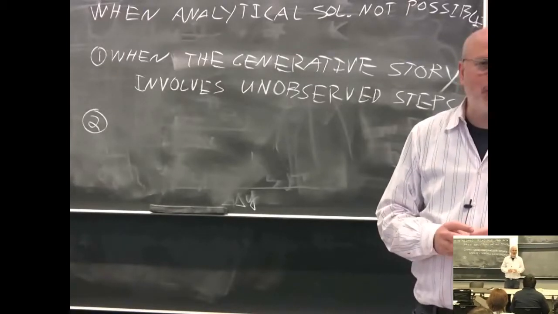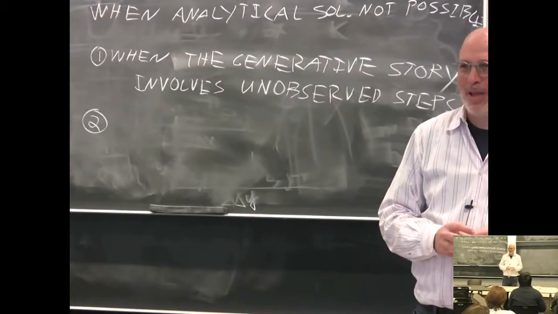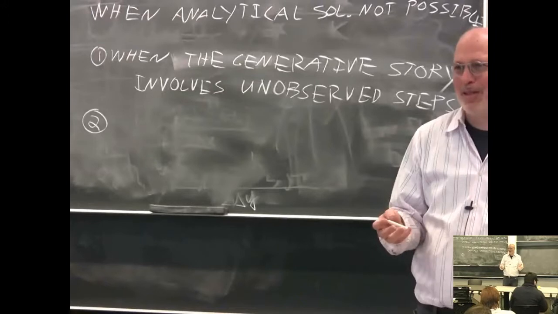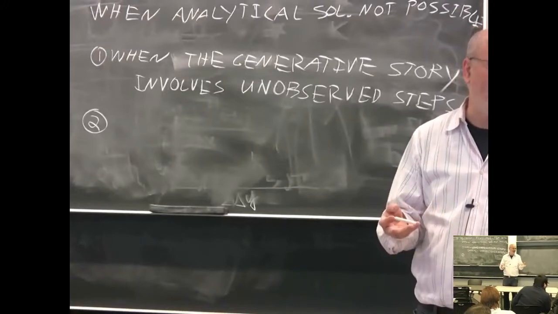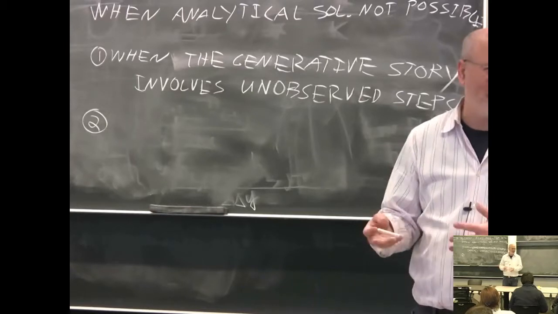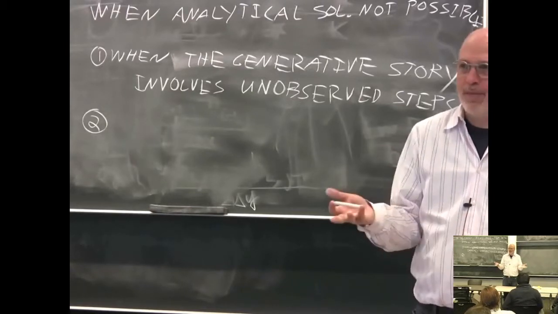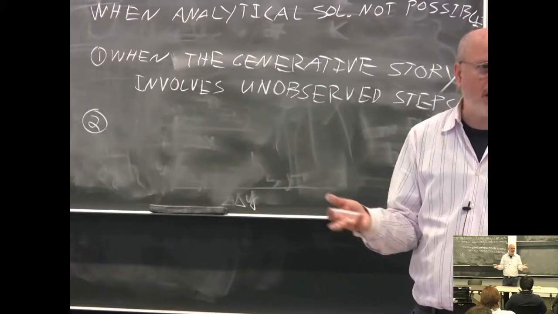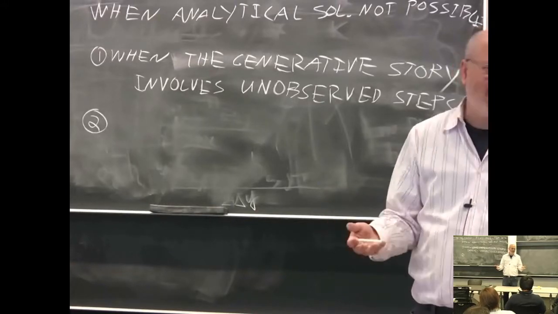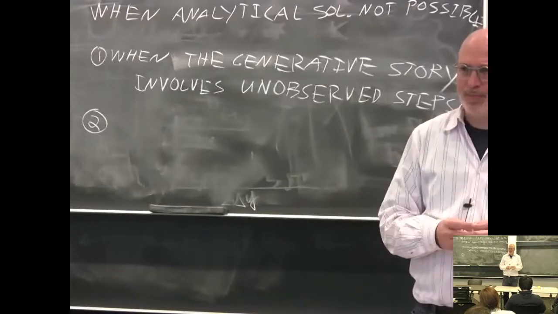Remember that with the source channel paradigm, we had examples of coming up with generative stories that didn't make much sense. Like that when you want to translate from English to French, the sentence used to be French and got converted, right? But the form of the solution, the Bayesian classifier, could be interpreted that way. And it's the same thing here.